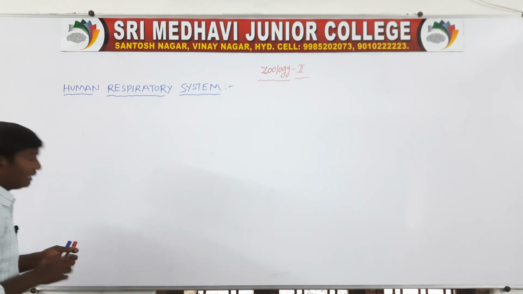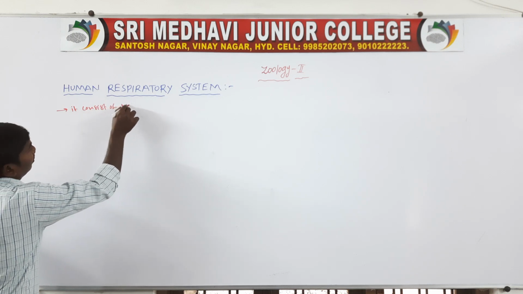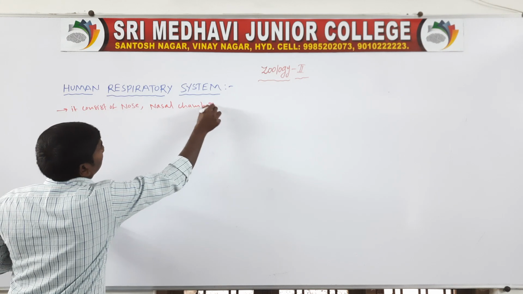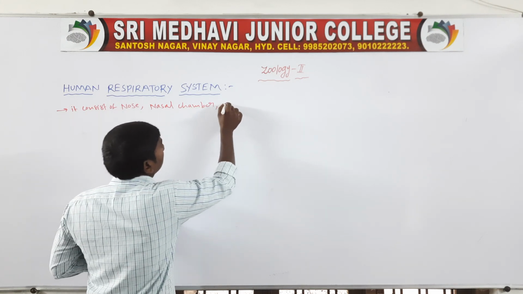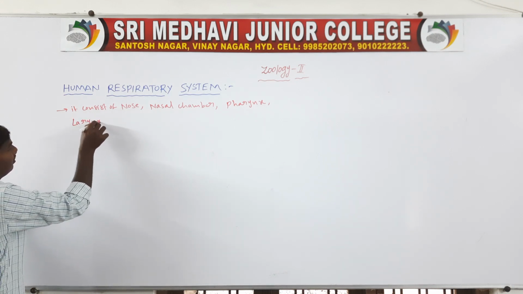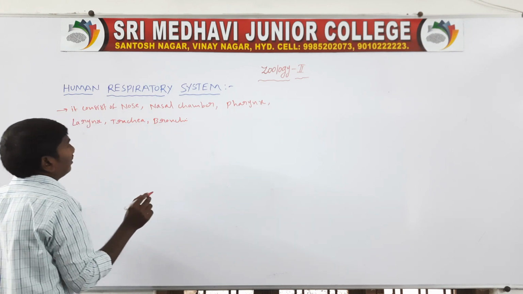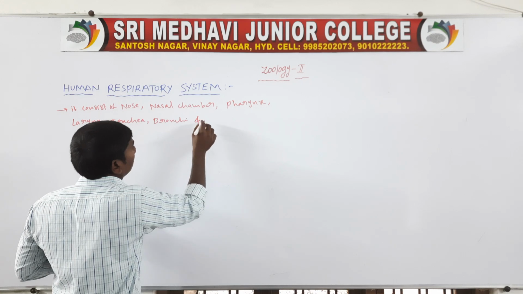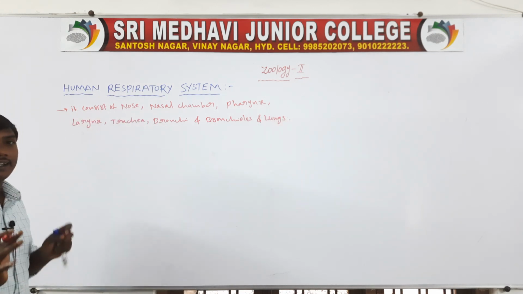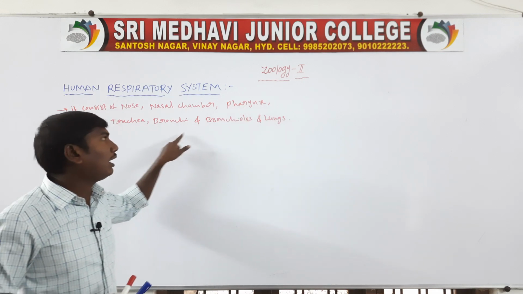Next, the human respiratory system. The human respiratory system consists of the nose, nasal chamber, pharynx, larynx, trachea, bronchi, bronchioles and lungs.